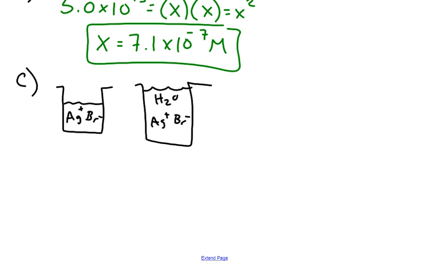It says some solid AgBr remains at the bottom. Maybe this drawing won't help you, maybe this one will. Is the value of Ag+ greater than, less than, or equal to the value you calculated in part B?